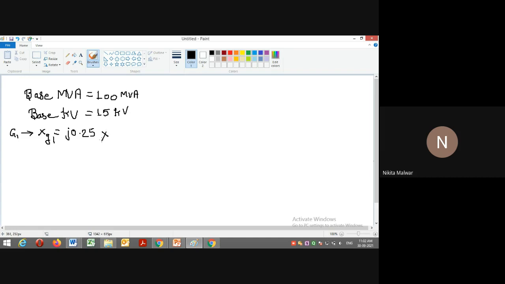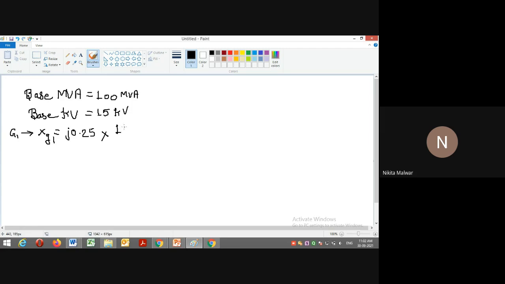multiplied with MVA base new upon old. So what is your new value? New value will be your considered base MVA value, and the given base MVA is 100.